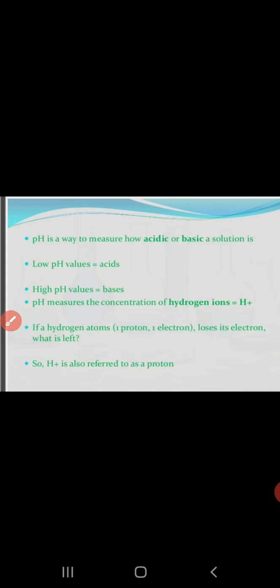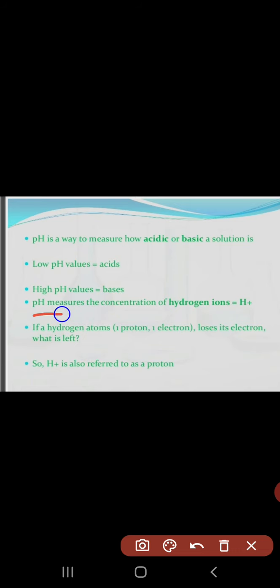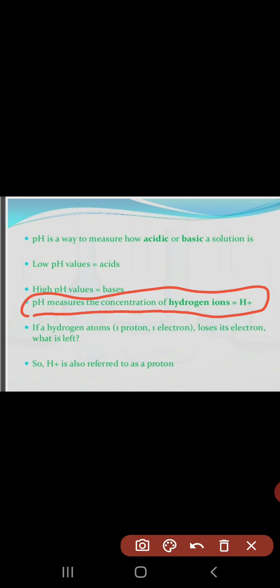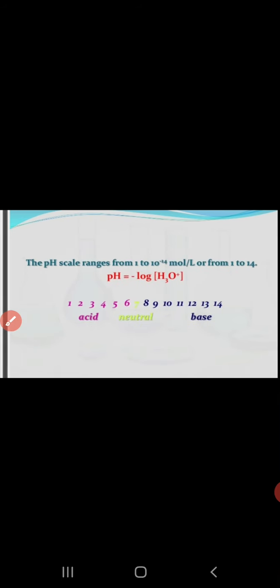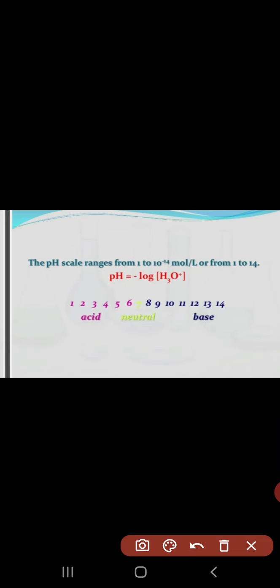pH measures the concentration of the hydrogen ion. The pH scale ranges from 1 to 14.